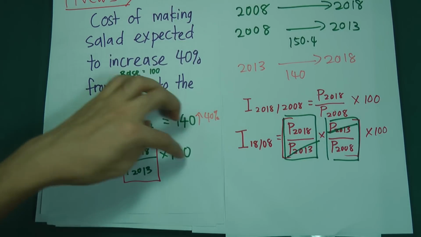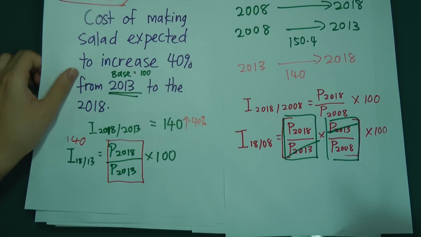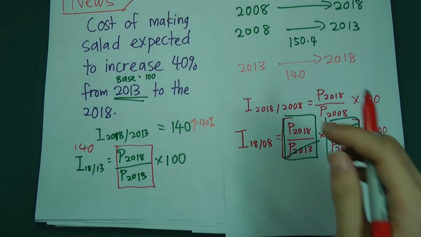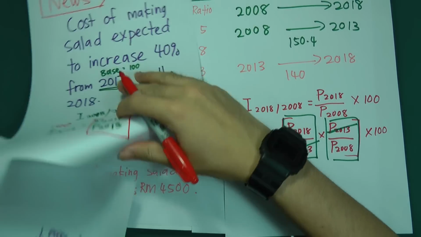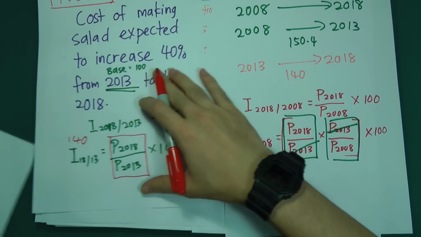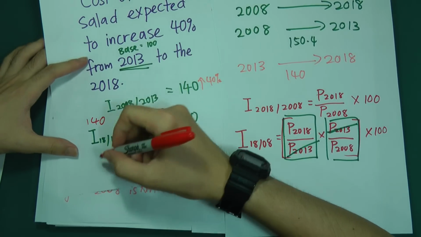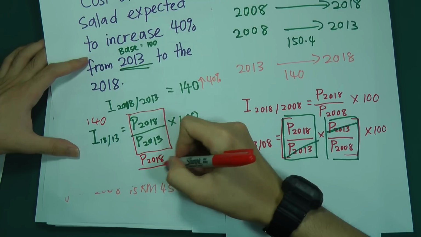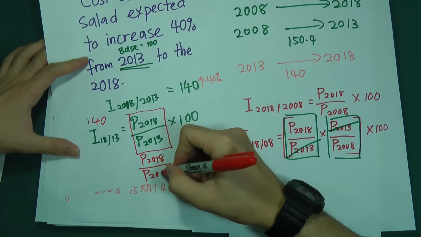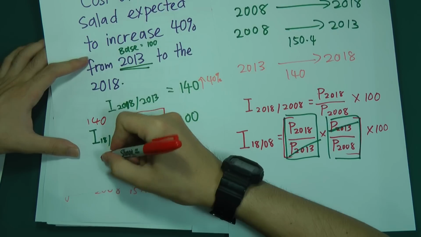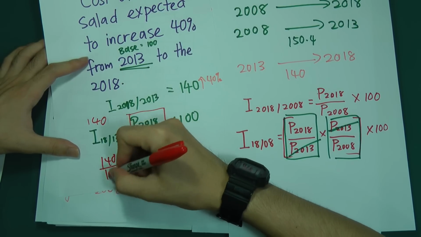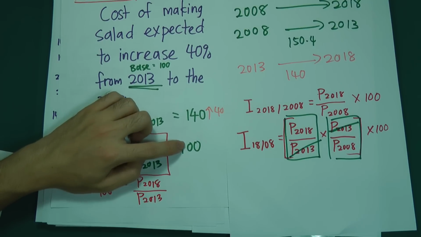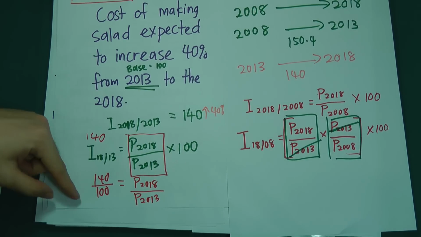So if I move the 100 over here, what I will get is the price for 2018 divided by price for 2013 will equal to 140 divided by 100. I just move the multiple 100 to the other side, it will become divide 100.